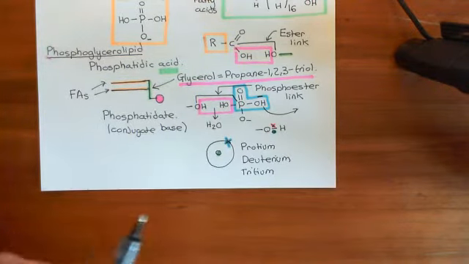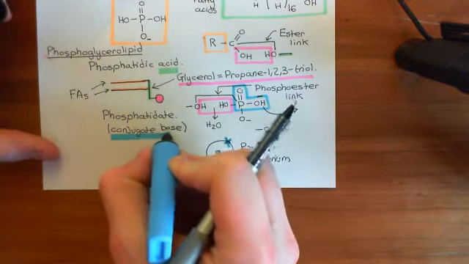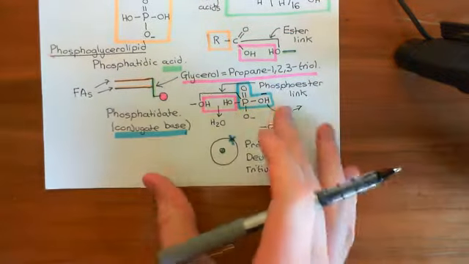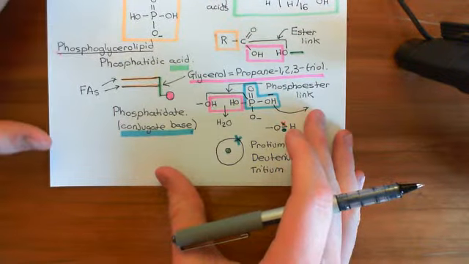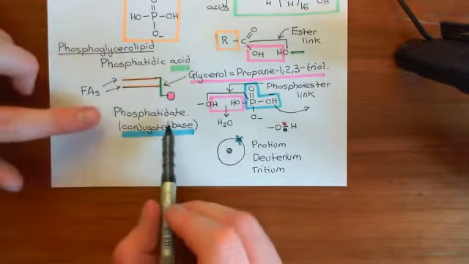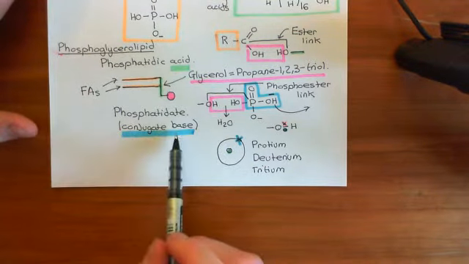Okay, and they're called the conjugate bases of the acids. Okay, so once an acid molecule has donated its proton away, you are then left with a molecule called the conjugate base of the acid molecule. And phosphatidic acid is the one with the proton, phosphatidate is then the conjugate base of phosphatidic acid. Okay, so that's phosphatidic acid and phosphatidate.